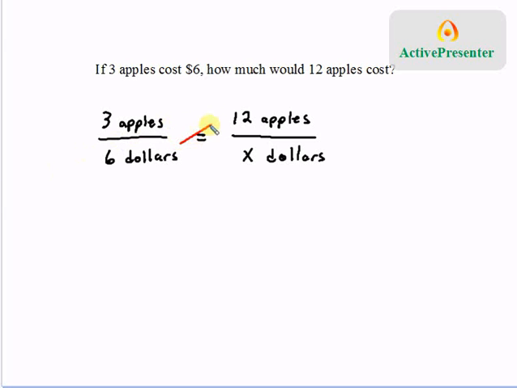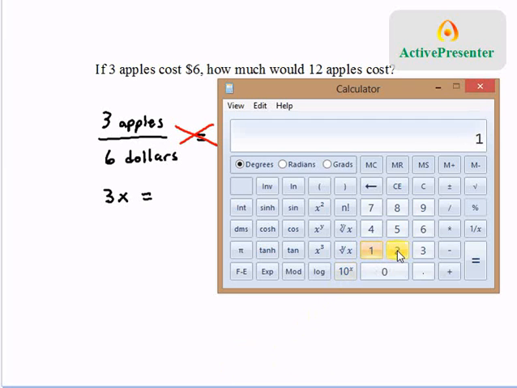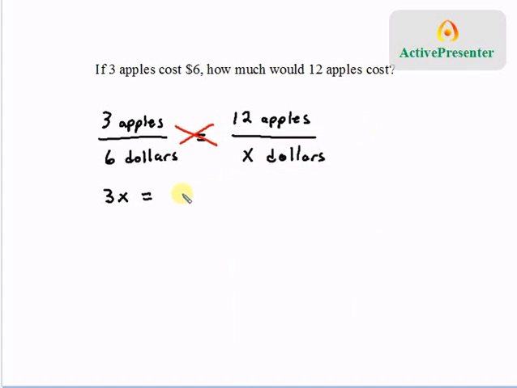Then we'll do exactly what we did before. We'll simply do our cross multiplication. We'll multiply 3 times x and 6 times 12. 3 times x is, of course, 3x. And 12 times 6, let's pull up our trusty calculator. 12 times 6 is 72. So we'll say 72. Now we simply need to solve our equation. So we want to get x all by itself. To do that, we need to use inverse operations.